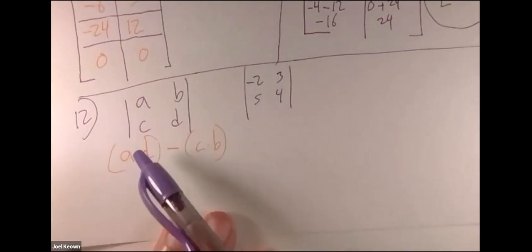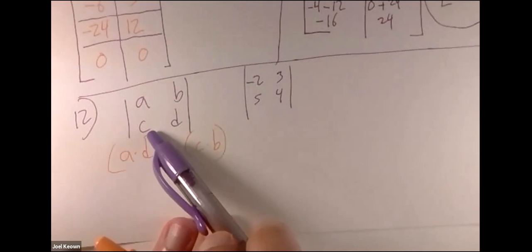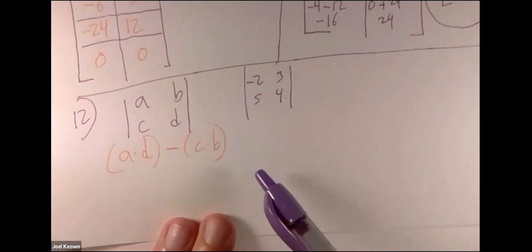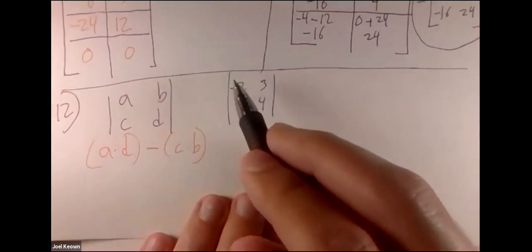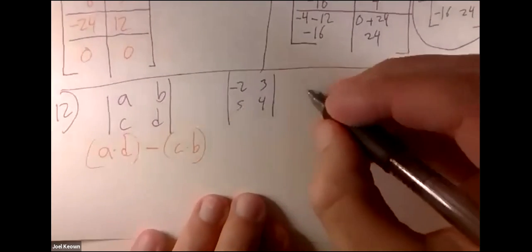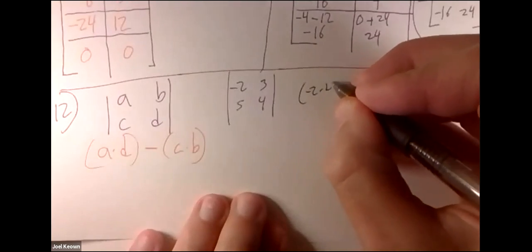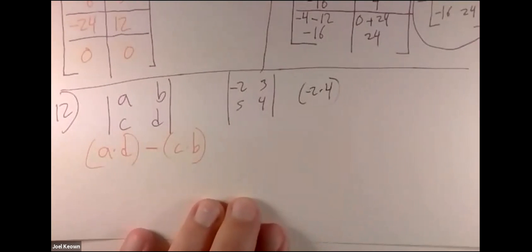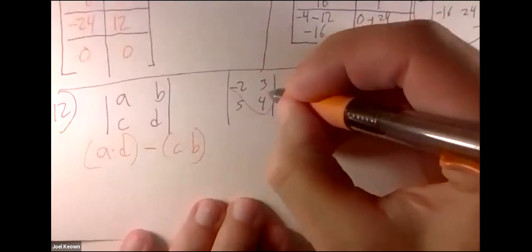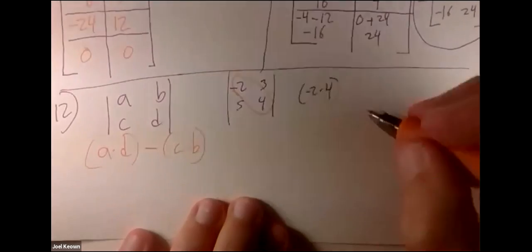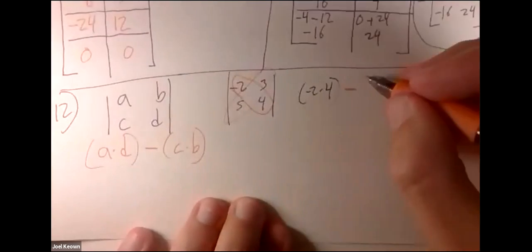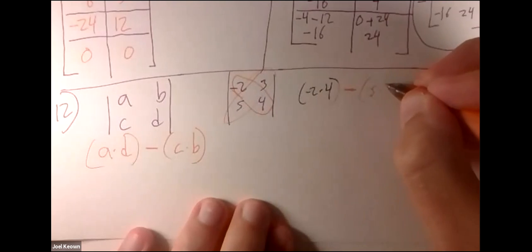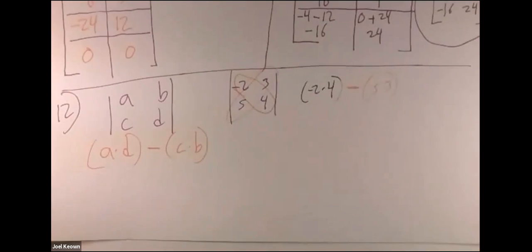The first diagonal, A times D, minus the second diagonal, C times B. All right, for ours, my first diagonal is negative 2 times 4, minus my second diagonal, which is 5 times 3.